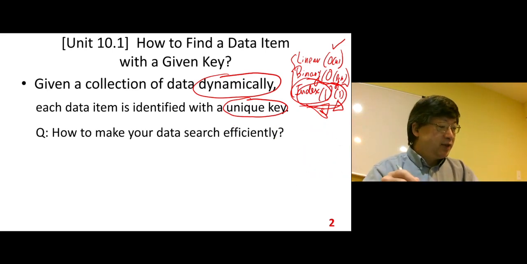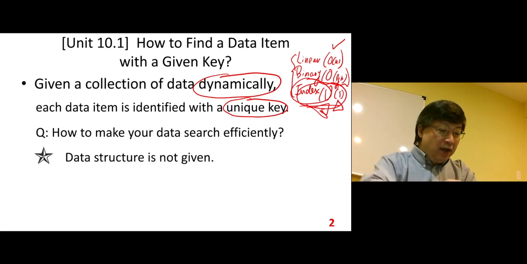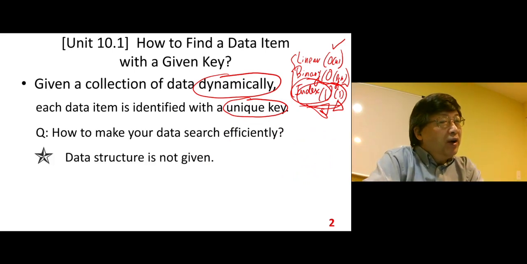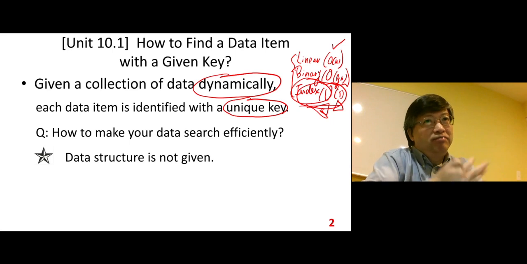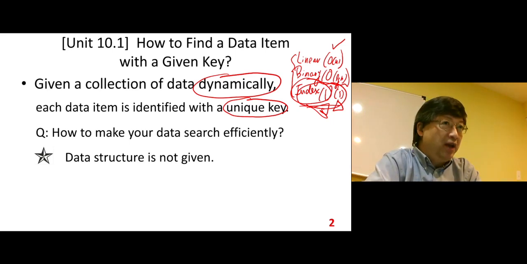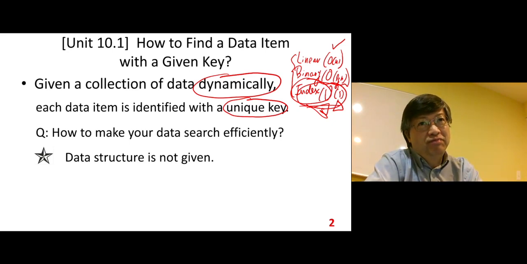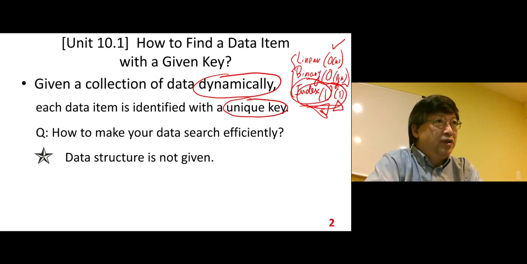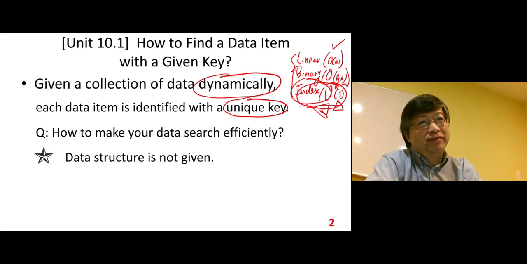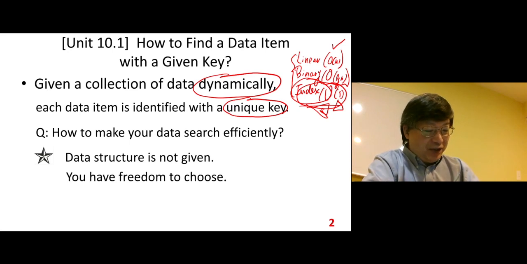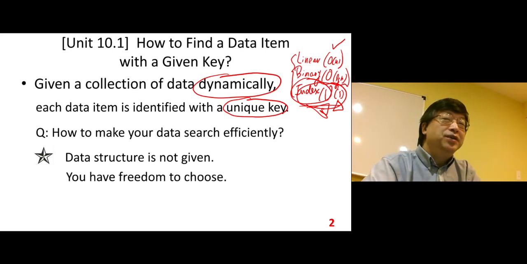Next, let's look at the data structure. Regarding efficient search, nobody tells you what data structure to use. In other words, you have the freedom to choose your data structure. So that's good, we can design a new data structure.